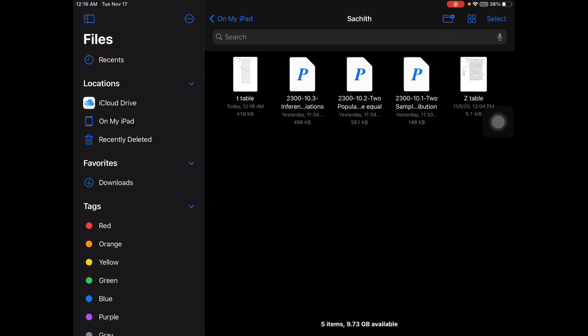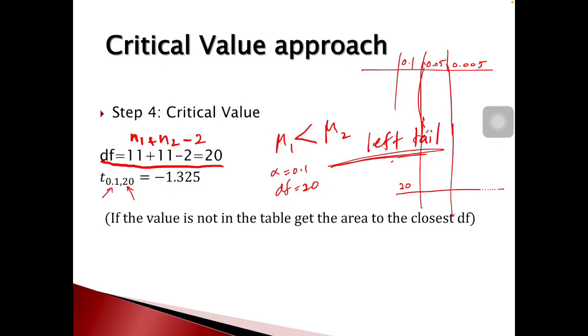So the value is 1.325. Why negative? Because we have a left tail test. If you cannot find the degree of freedom in your T table, try to approximate, using the closest degree of freedom.